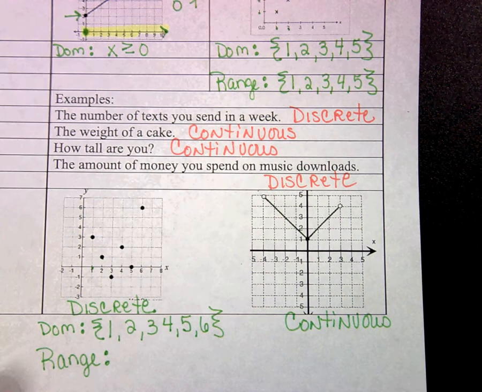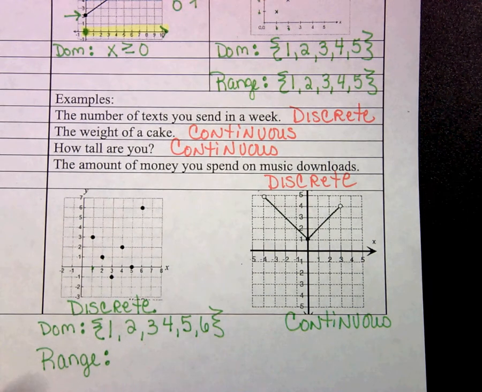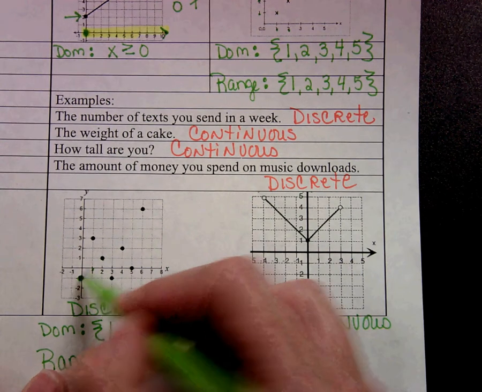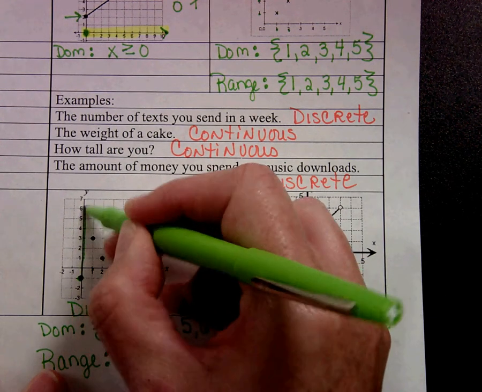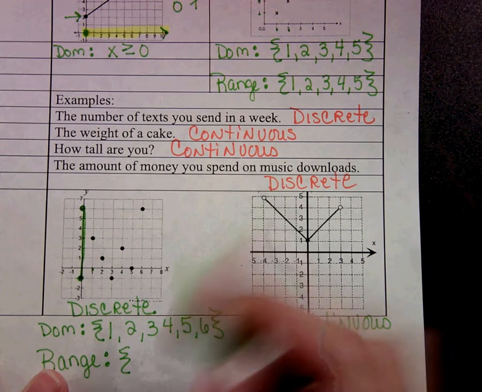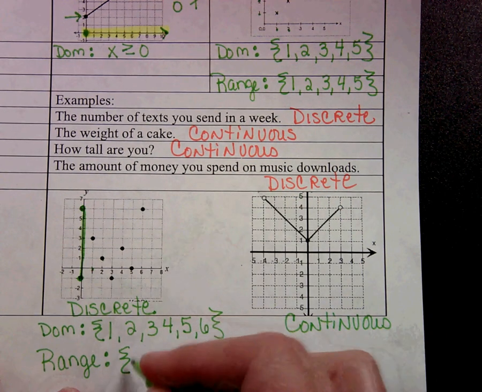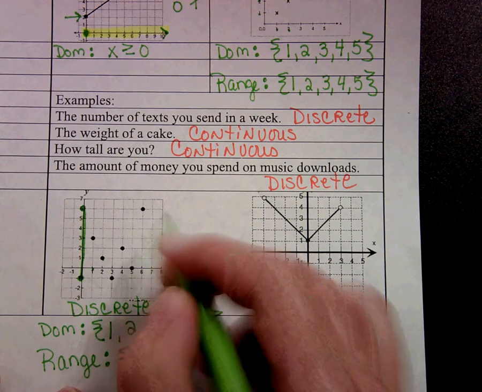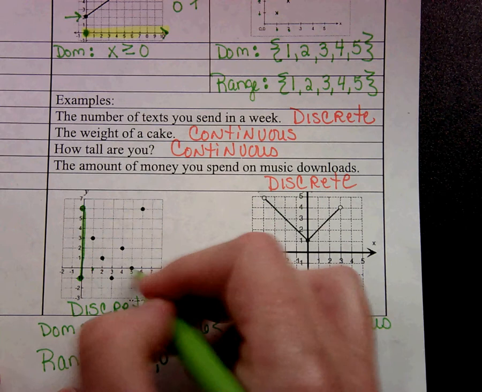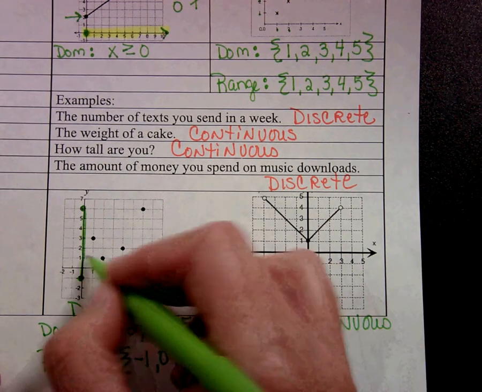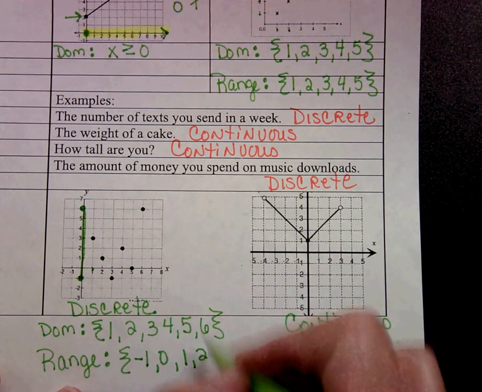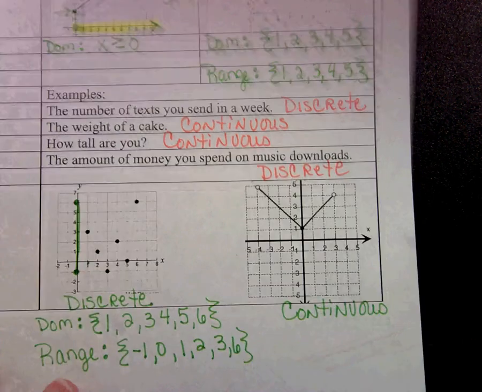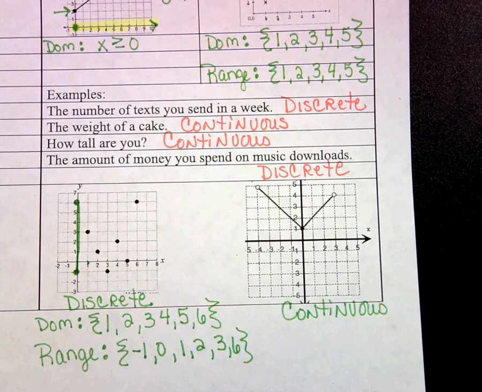Now for our range, a little bit trickier because I do want to list it in numerical order. Notice our numbers are going from -1 all the way up to 6, but we're not including all of those numbers. So my lowest point, y is -1, and then moving up, my next lowest point, y is at 0, and then 1, and then 2, and then 3, and then 6. And so that is how we would identify our domain and range.